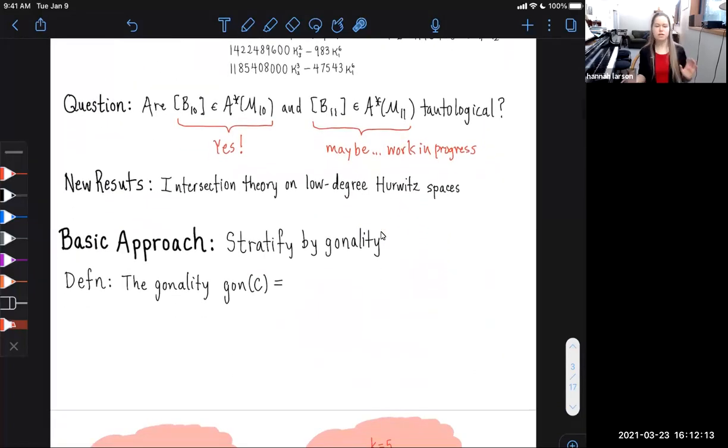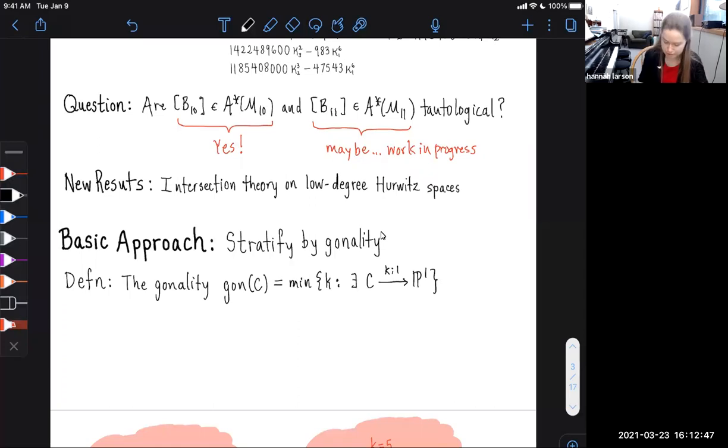So our basic approach to this problem is going to be to stratify the moduli space of curves by gonality. So stratify just means cut up our space into pieces we can deal with one at a time. And gonality is an invariant of a curve that I'll define now. It's the minimum k such that there exists a degree k map of C to P^1.